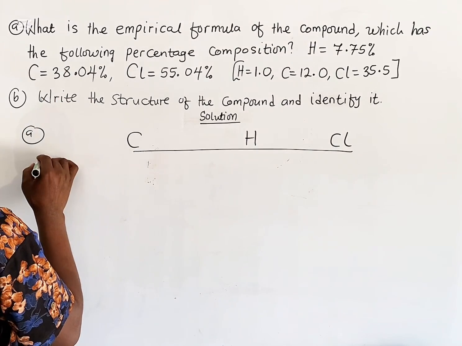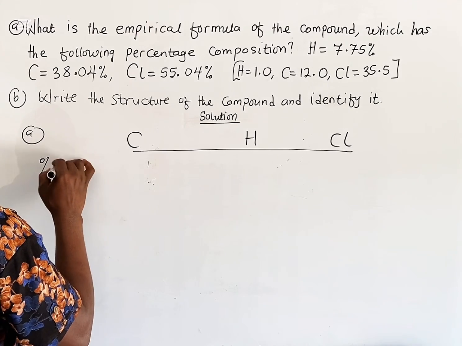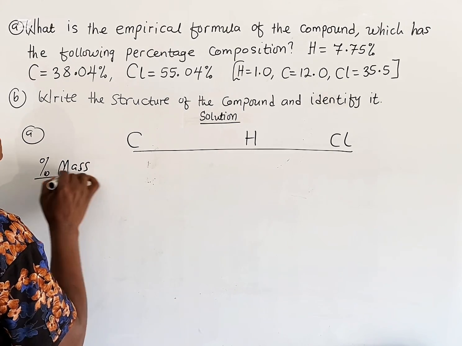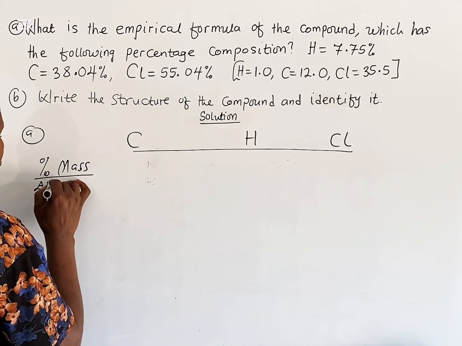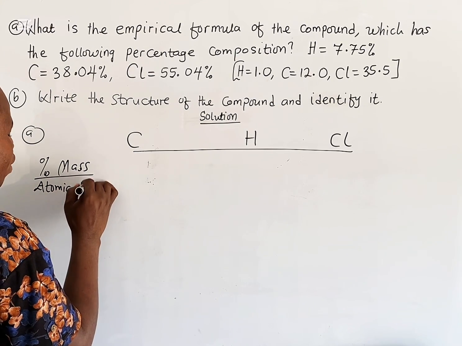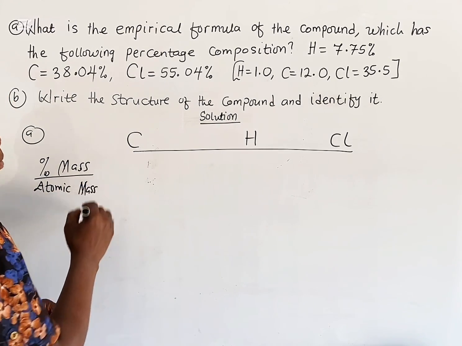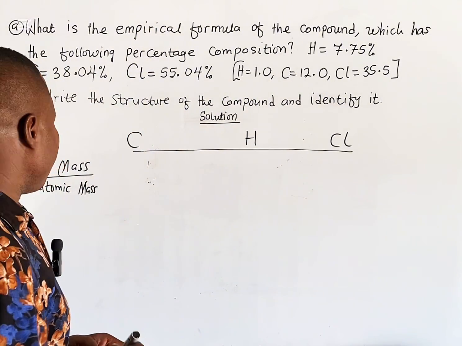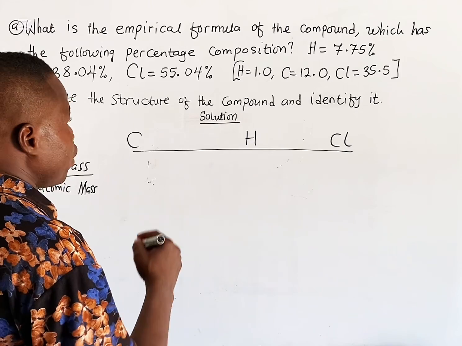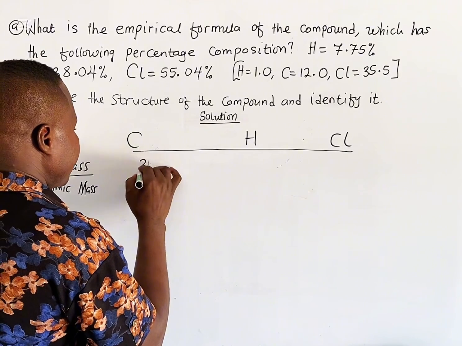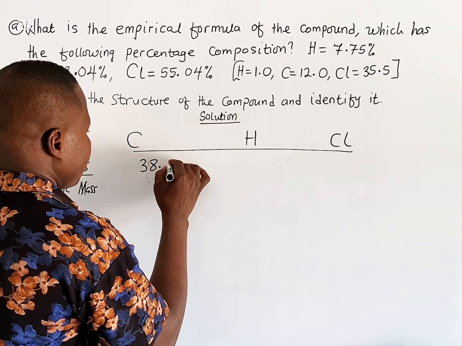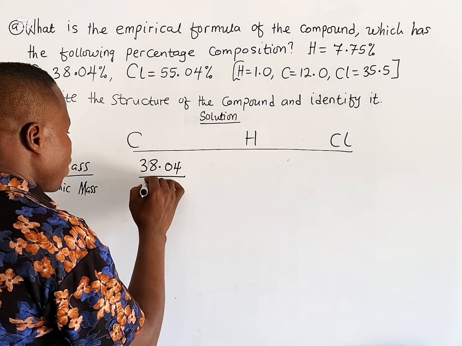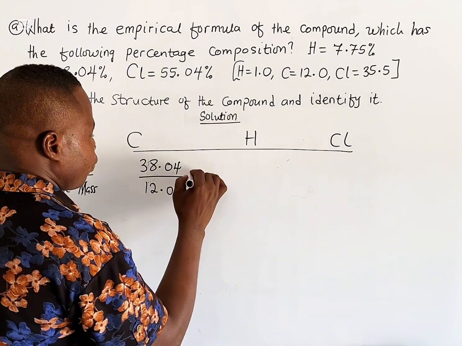So I will take percentage mass divided by atomic mass. If I take carbon, the percentage mass of carbon is 38.04. Then I will divide it by its atomic mass, which is 12.0.